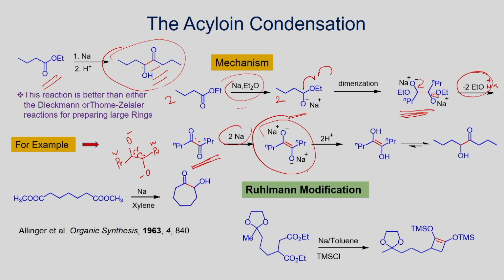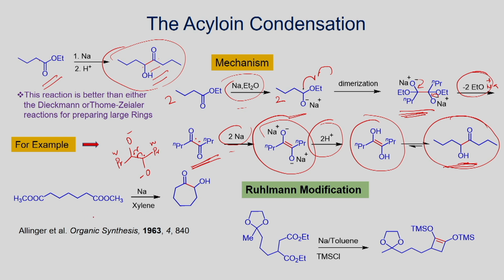Once you form this salt, now when you do protonation, it can form this diol, which can convert into alpha hydroxy ketone as a product. So, this is about if you have the ester, you can couple, you will be able to form this acetylene as a product by transfer of electrons. In this you need 4 equivalents of sodium and they can form this compound.